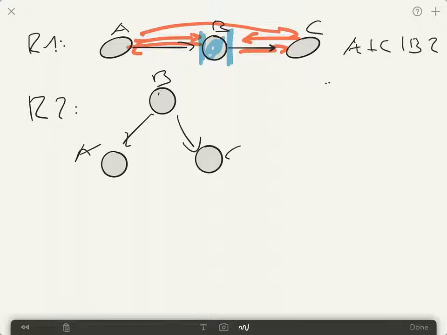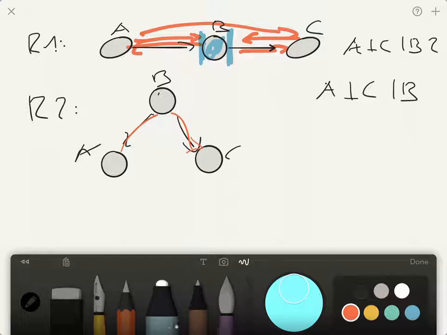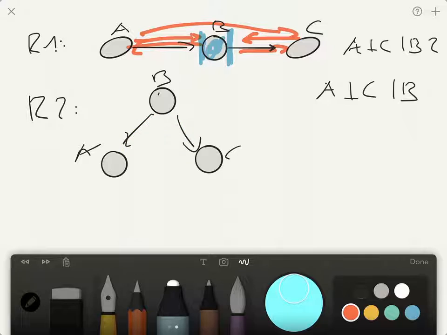Are A and C independent given B? And we imagine again the ball. With nothing observed, we can easily throw it to here, but if we have some observation of B, we imagine again some walls here, and if we want to throw the ball, it just bounces back.